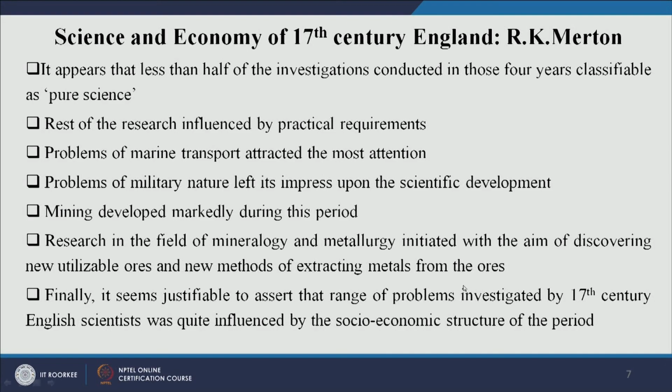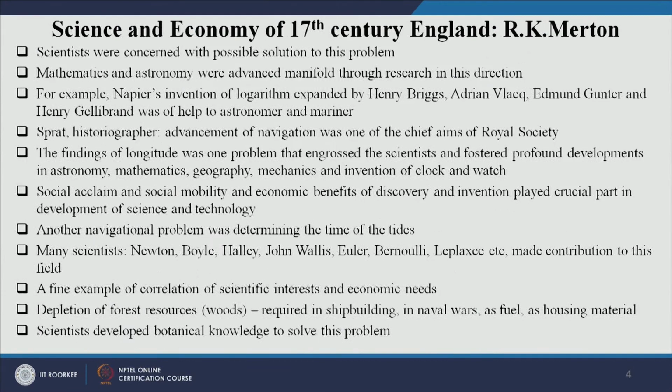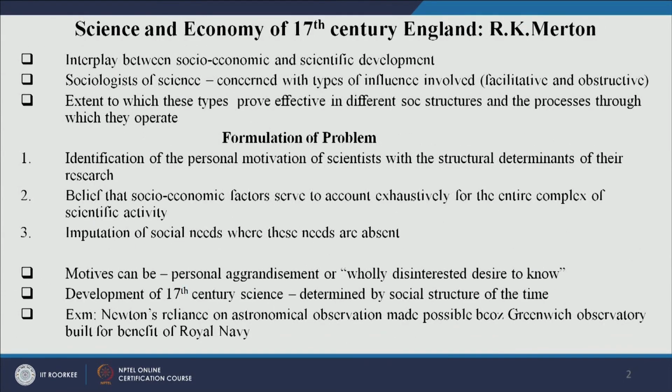Finally, based on this discussion, we can assert that the range of problems investigated by 17th century English scientists was quite influenced by the socio-economic structure of the period. Right. Now, if we go back to the first slide where we proposed three problems, we formulated three problems.